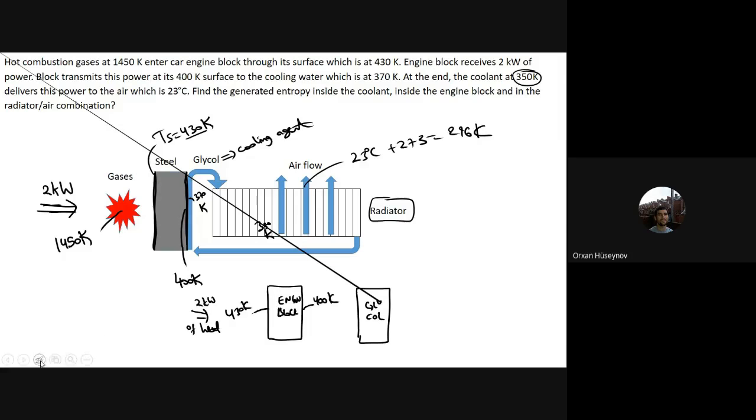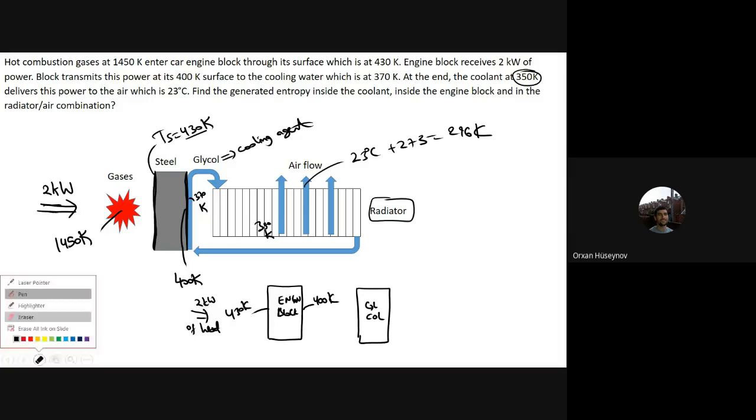For the glycol part, this heat from the engine is transferred to glycol. You will have 370 Kelvin on one side of it, and 350 Kelvin on the other side of it.